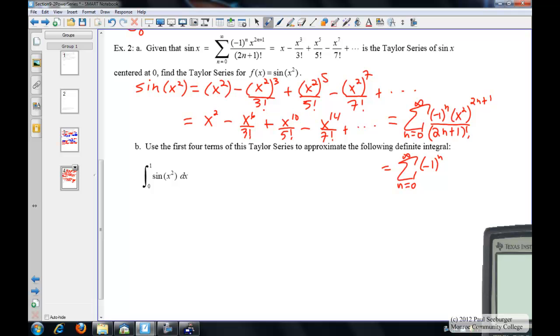What happens to this 2 here? You multiply it into the exponent, so you get x to the 4n plus 2. I did not get that to look very good. Let me fix that a little bit. x to the 4n plus 2 over 2n plus 1 factorial. That's the same as it was before. So we got a nice Taylor series for it.